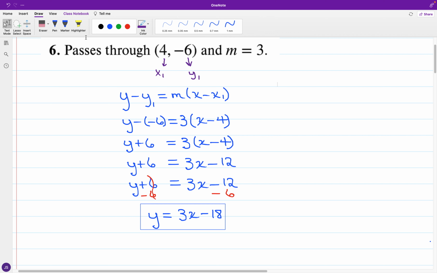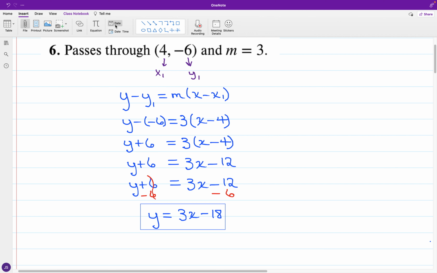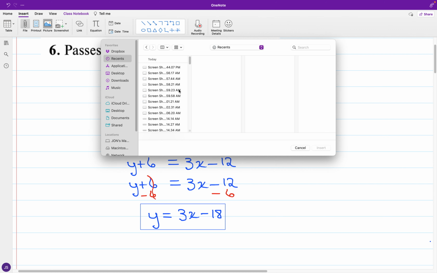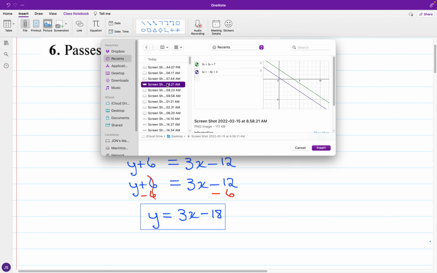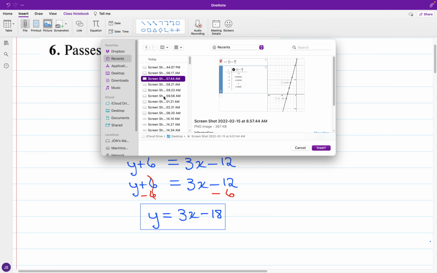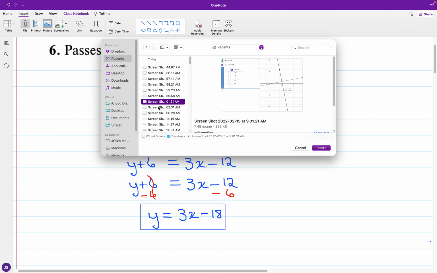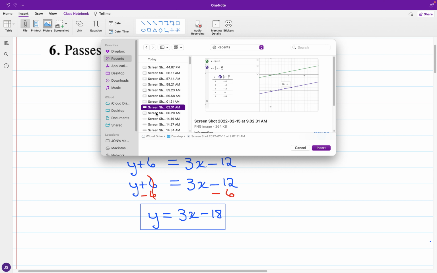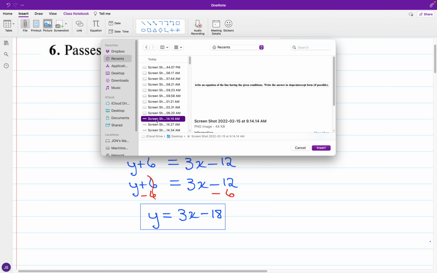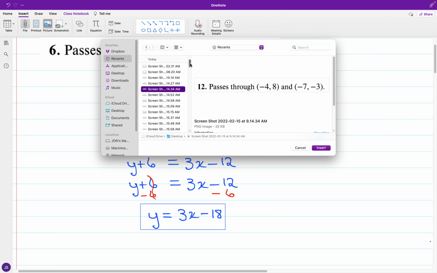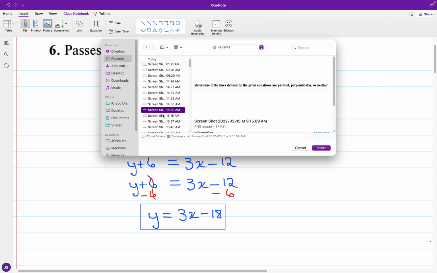And just looking at what we have, at least from a visual perspective, I think I do have this one up. Let's see. I got it somewhere.